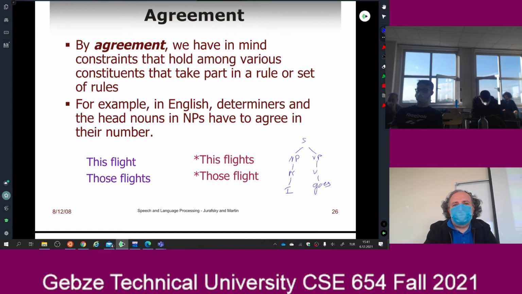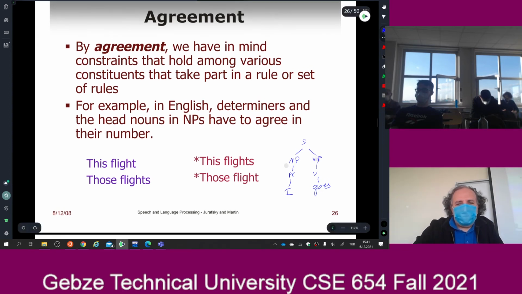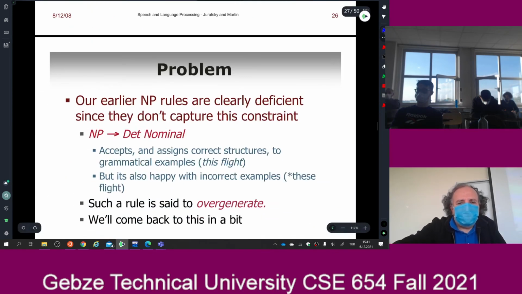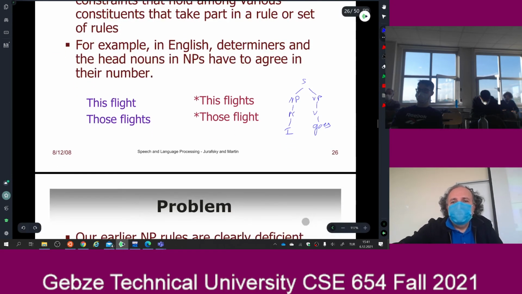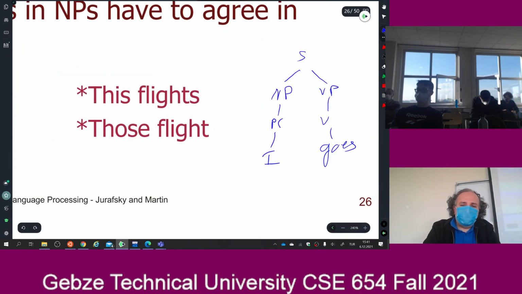What are we going to do with the context-free grammars? This is what I do, noun phrase and verb phrase. So we have to make some changes to our rules, maybe, because we are over-generating. This one generates I go, I goes, right? We go, we goes. This is over-generating.